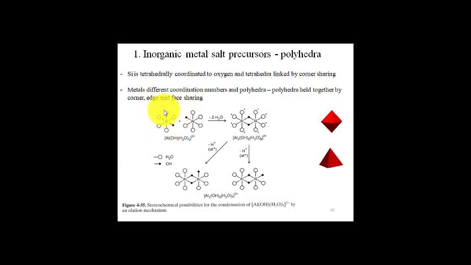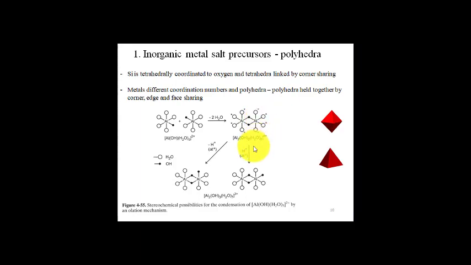For example, here we have aluminium, and this aluminium has 5 oxygen atoms from 5 water molecules, and the sixth one is a hydroxyl group. And another aluminium with 5 water molecules and a hydroxyl group. One or two water molecules will be left, and it will condense at 2 points, giving us polyhedra.